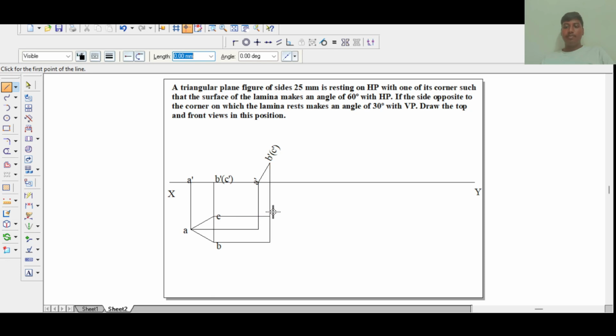And then take a visible line and join all the corners, and then name all the corners A, B and C. And then for the third part, draw the leader lines for all the projection lines.